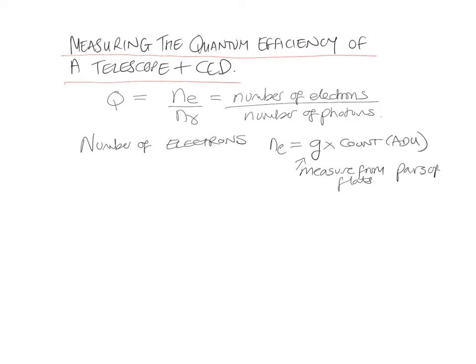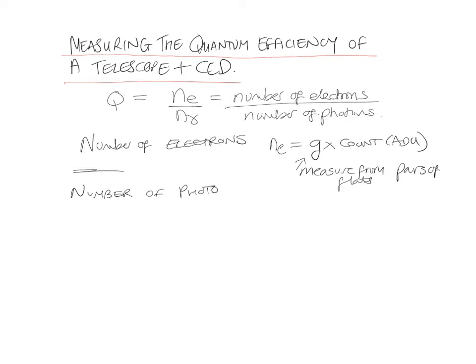It was the slope of the plot of variance against flux in pairs of flats taken with the same length of time and the same illumination. And so you can measure that separately, but let's assume we just know it right now. Okay, now we need to work out the number of photons.